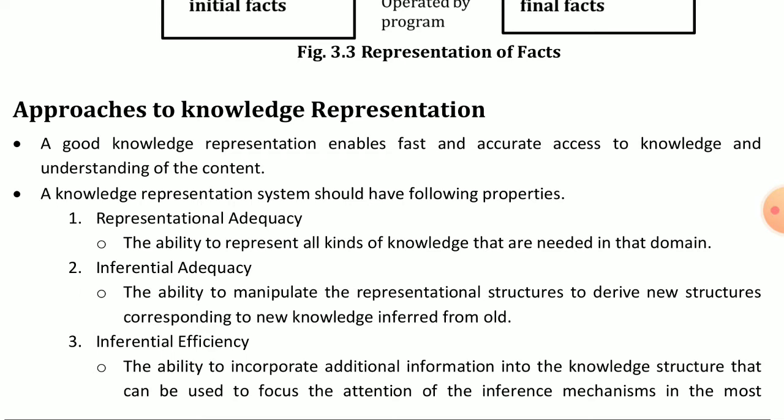So first is representational adequacy. In this property, we can find out the acceptability, how we can accept the representation, and the ability to represent all kinds of knowledge that are needed in that domain.